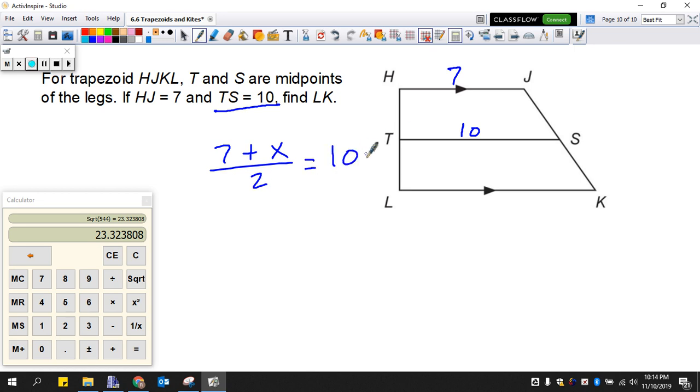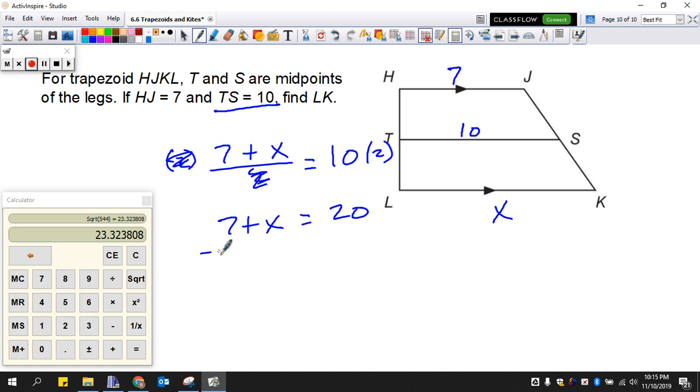This is going to be X, our unknown value down here. The two bases, 7 plus the unknown, divided by 2 is equal to the length of the mid-segment. Then all we do is solve for X. We multiply by 2, multiply by 2. The 2's cancel out. We have 7 plus X is equal to 20.